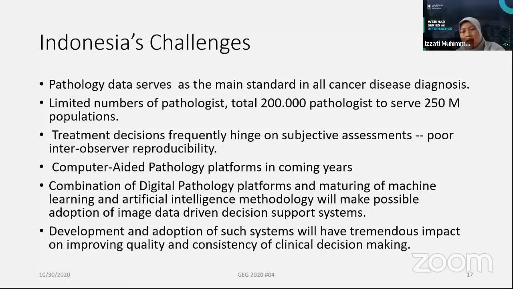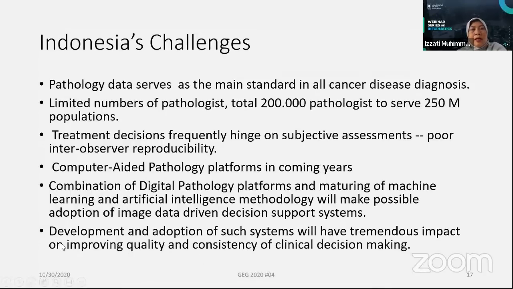Some studies show that an image data driven decision support system outperforms manual reading, and it can outperform the inter-observer reproducibility.